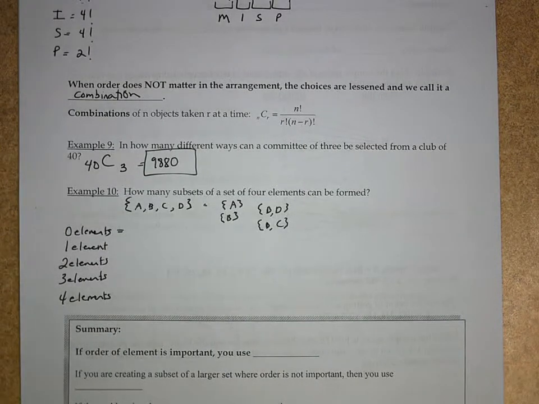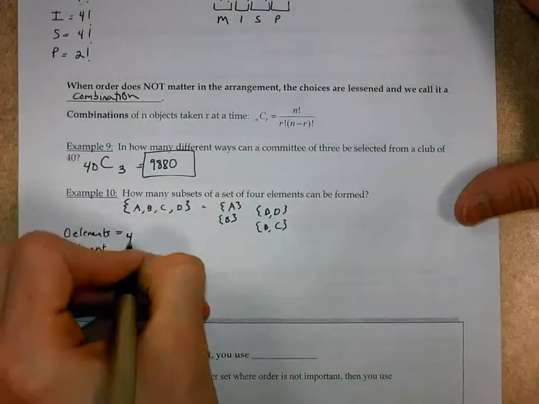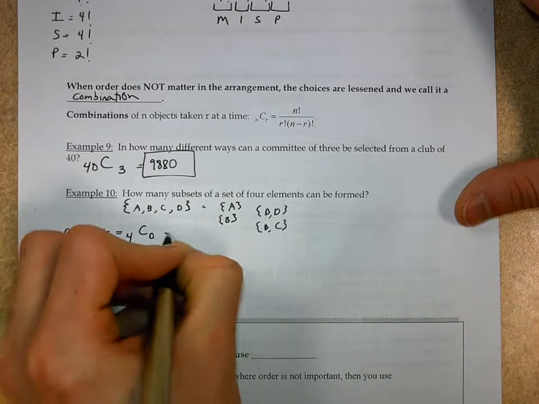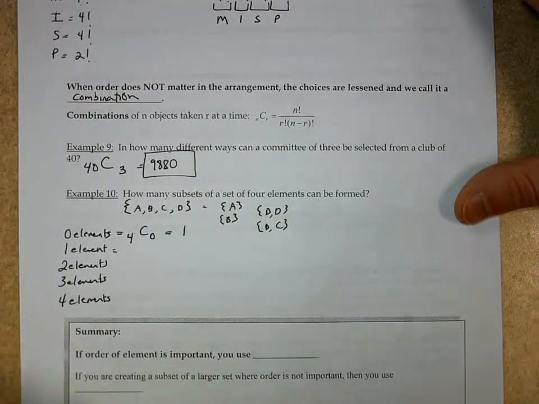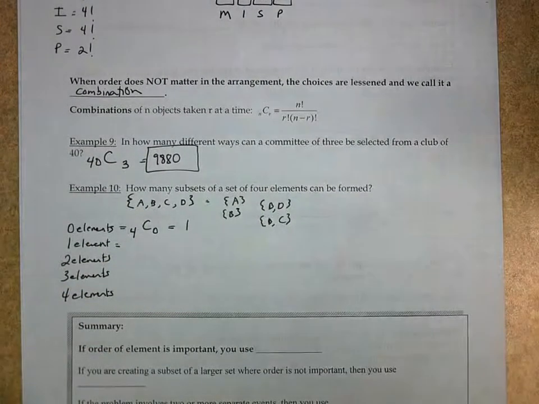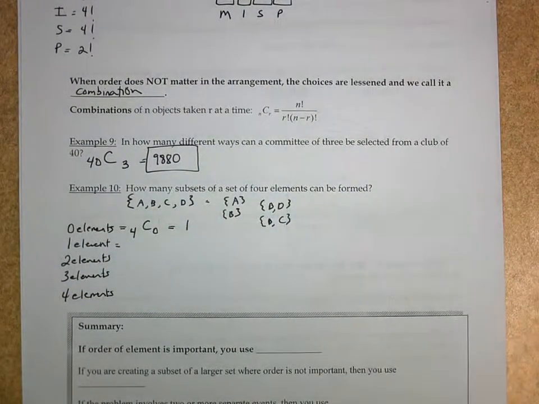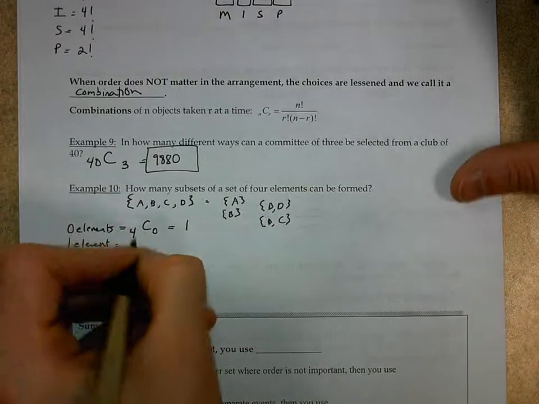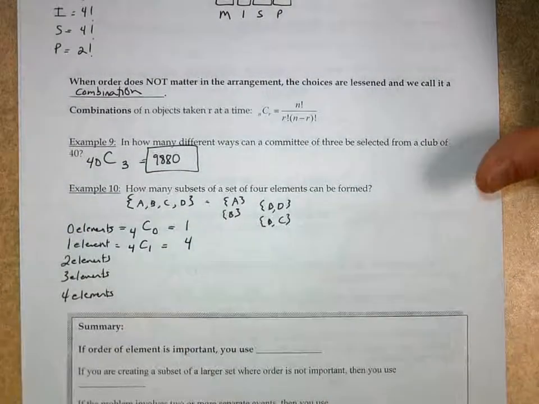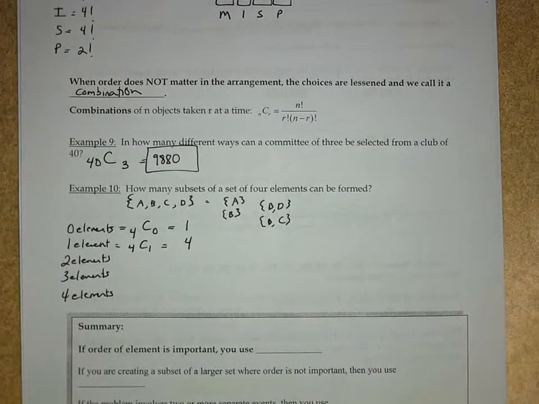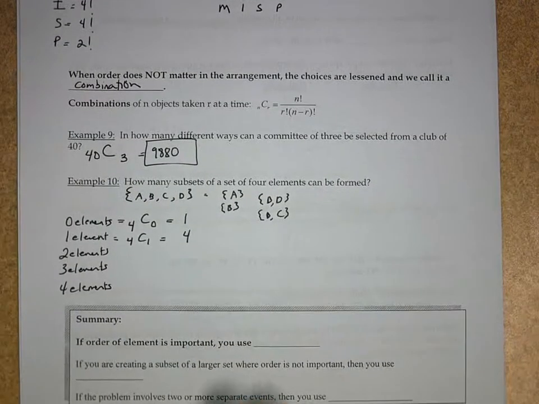There's only one way, and that's by choosing no elements. So if I'm given 4 choices and I choose 0, that's 1. With 1 element, I can choose A, or B, or C, or D. There's going to be 4, which is 4 choose 1. There are 4 elements possible, and I'm choosing one of them, so there are 4 different ways I can do that.